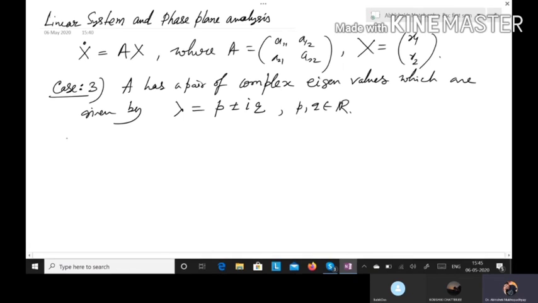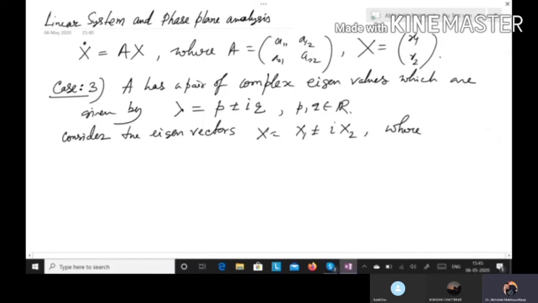And let us consider the eigenvectors corresponding to these eigenvalues, x equals x1 plus minus i x2, where x1 and x2 are real vectors.